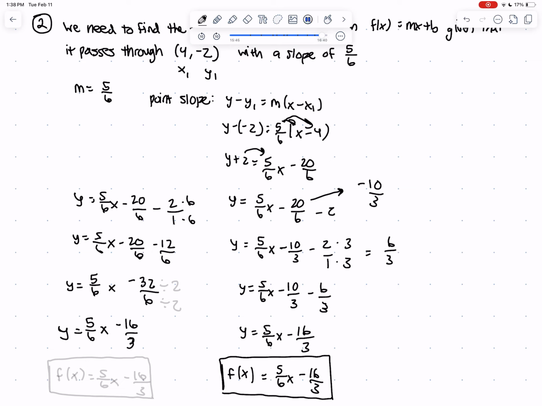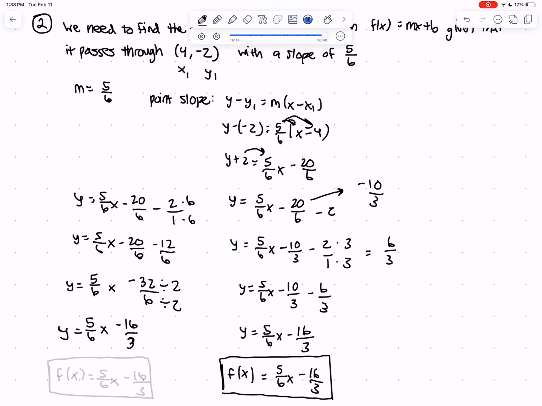Let's approach that. To reduce the 32 over 6, what we want to do is to find the common divisor. So that means they are both divisible by 2. You just divide by 2 here for both of them. We know that negative 32 divided by 2 gives us 16, and then 6 divided by 2 gives us 3.